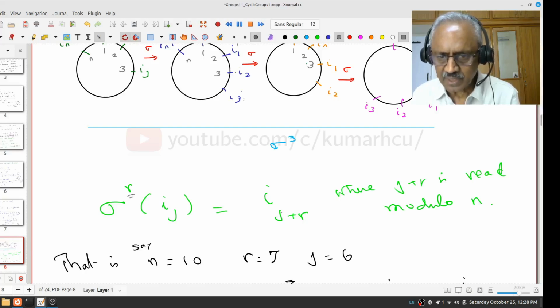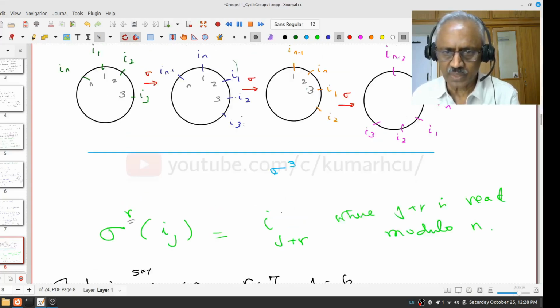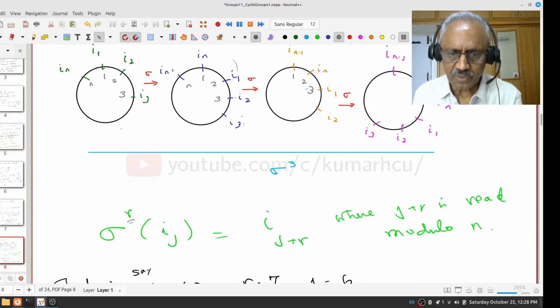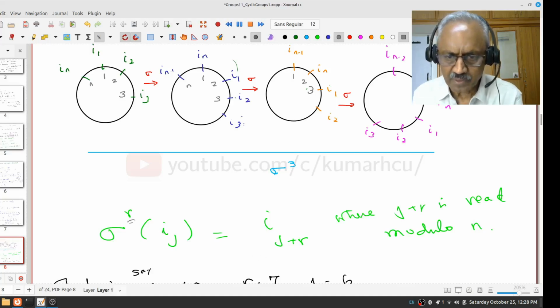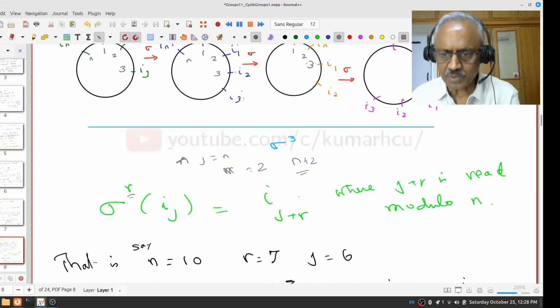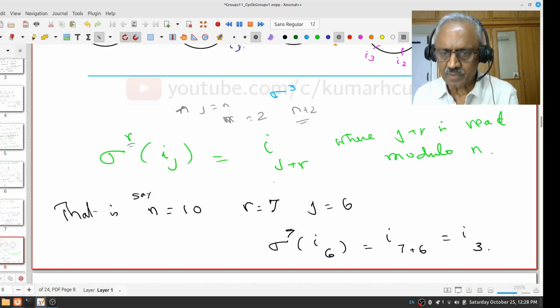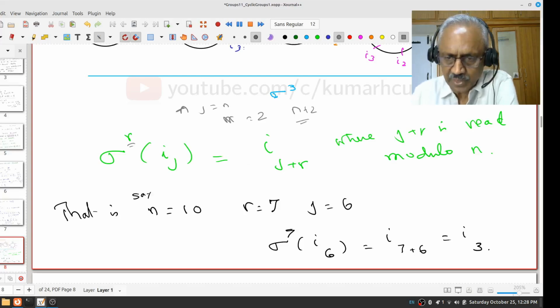So you can see, if I take any ij and apply sigma^r, it will move to i(j+r). For example, r equal to 1: what happened to i2? It became i(2+1). If I take j equal to n and r equal to 2, it will be i(n+2). Are you following? It's i(j+r), you are moving r times.